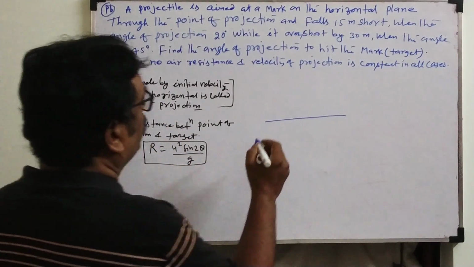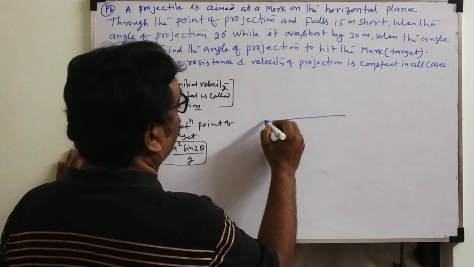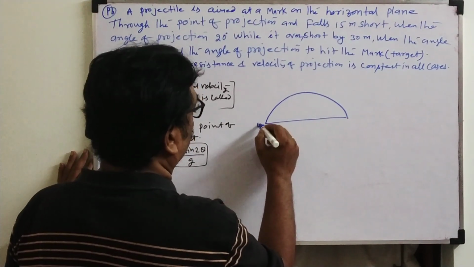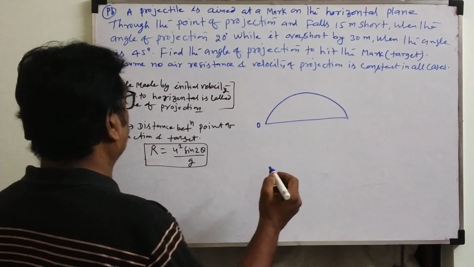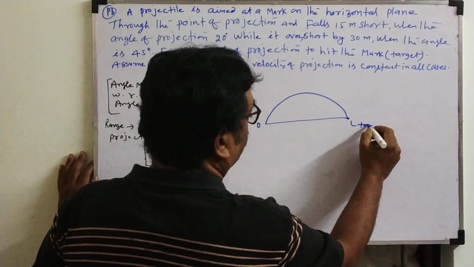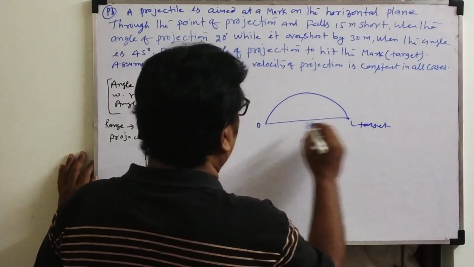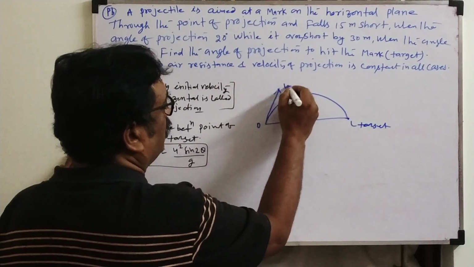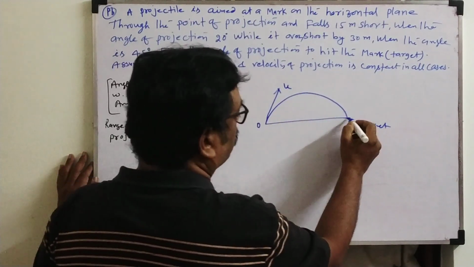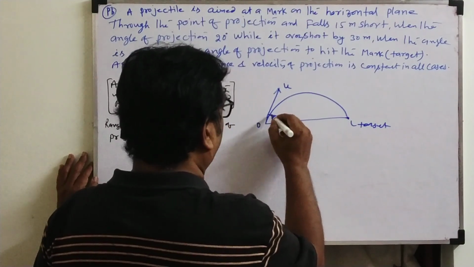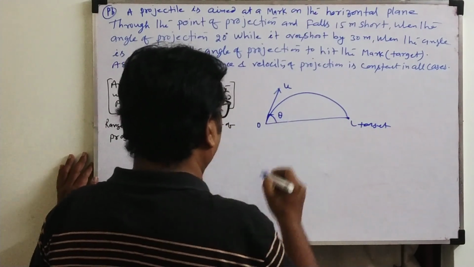The distance between the point of projection and the target is known as range. Here O is the point of projection and this point is known as the target. If you throw the ball with the initial velocity u and it hits this point, that is the target. Suppose the angle of projection is theta.